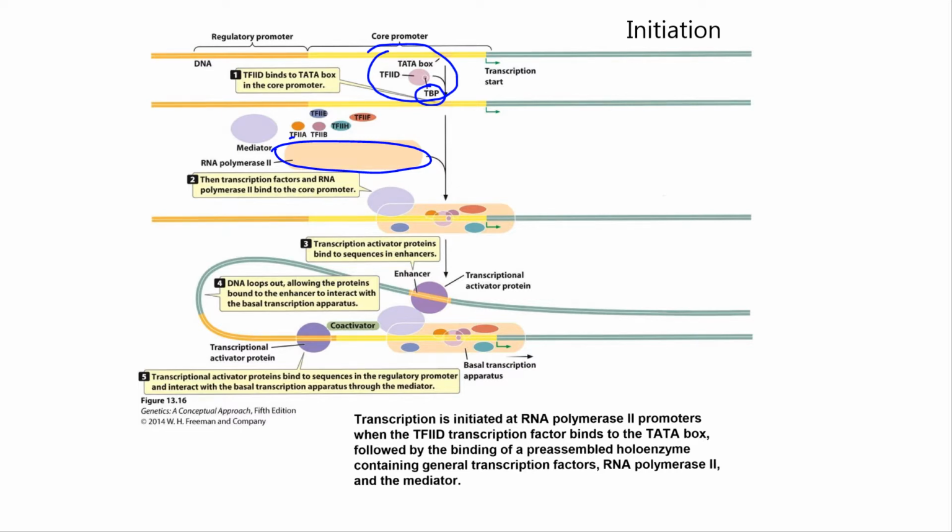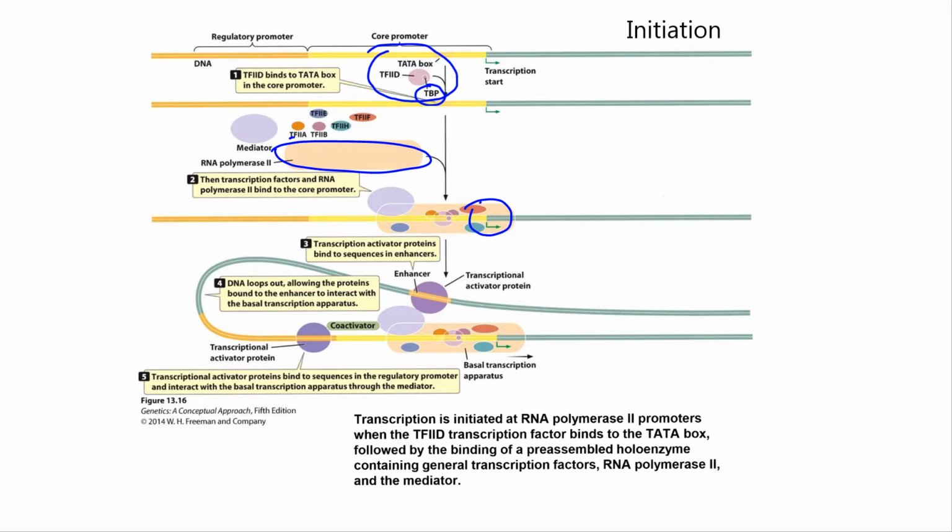Once this complex of transcription factors and RNA polymerase assembles, it triggers a further conformational change, which unwinds 11 to 15 base pairs of DNA surrounding the transcription start site, and we call this the open complex.